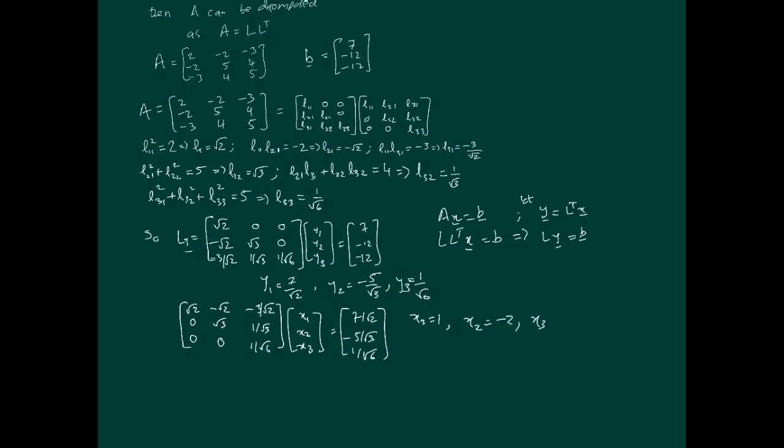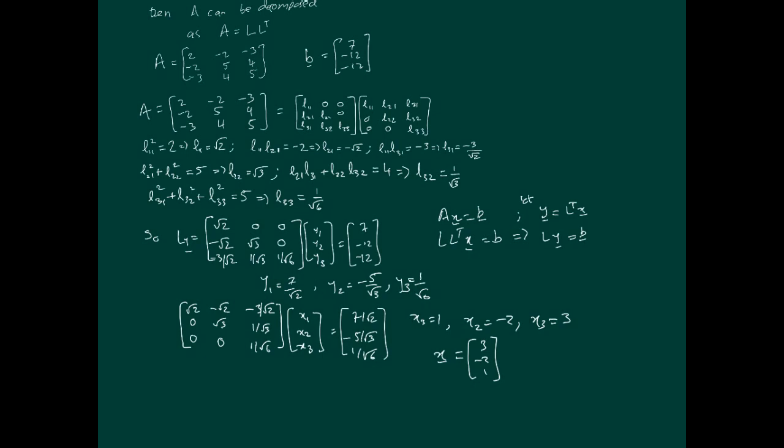And the top equation gives us x1 equal to, in fact, 3, which means our solution vector is, in fact, (3, -2, 1). So here we have a very straightforward example of the Cholesky decomposition, where we end up solving the system, of course, using that decomposition.